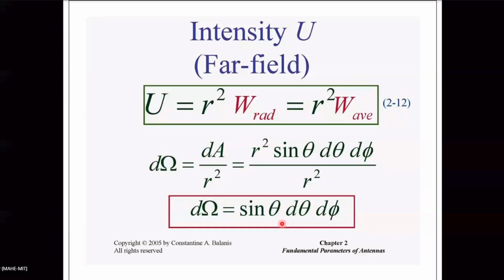Radiation intensity is denoted by U. Now what is this equal to? How do you define radiation intensity? Radiation intensity is defined as power radiated in a given direction. Radiation intensity is power radiated in a given direction per unit solid angle.